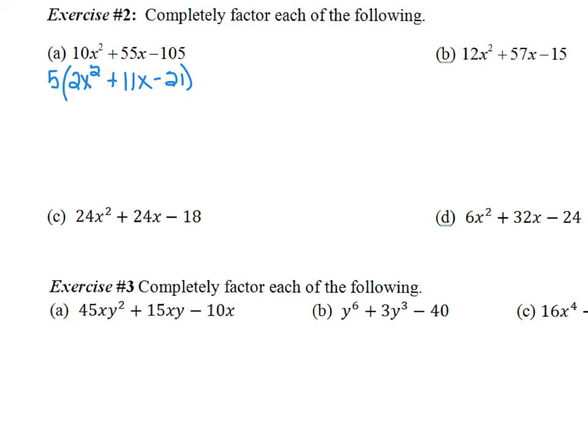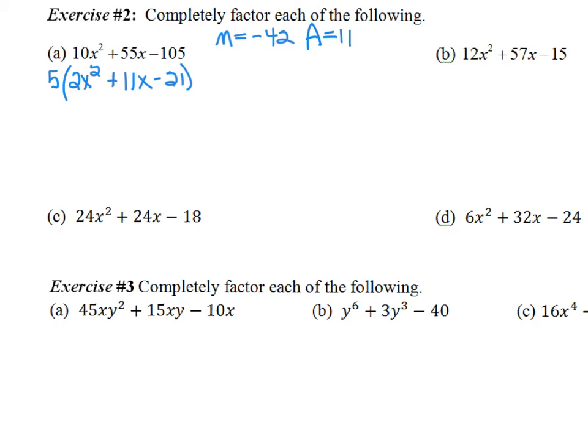Now I have a trinomial, but it's got a number other than 1 in front of the x squared. So you know me, I love my box factoring, so I'm going to multiply. I need two numbers that multiply to give me 2 times negative 21, which is negative 42, but add to get that middle number, which is 11.